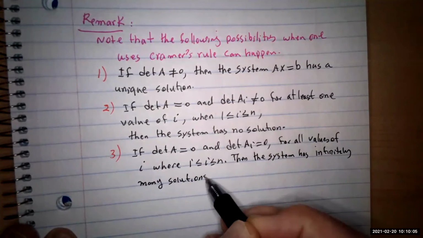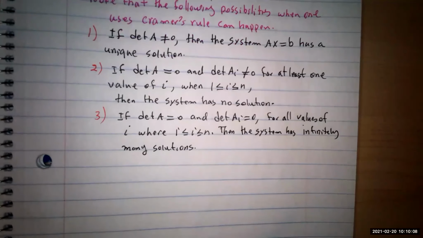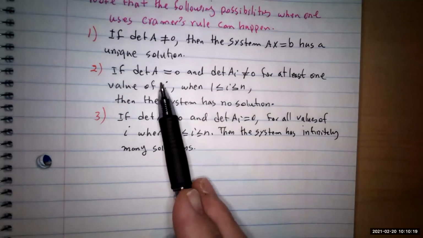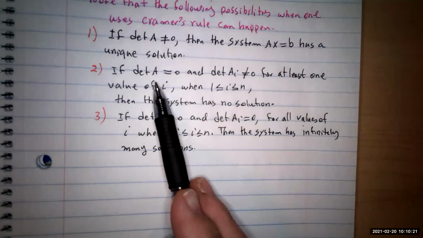You will see one of them in your next practice test. If that situation happens, don't be surprised. You continue. Don't just say no solution. Some people, as soon as they get determinant of A equal to 0, don't continue and say there is no solution.